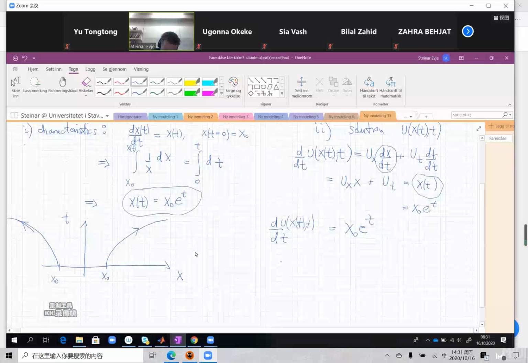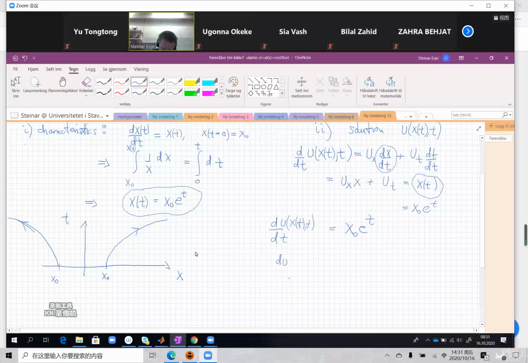And again, we can use separation of variables. We just put all the u-dependent terms on the left-hand side. On the right-hand side, we have x0 e^t dt.